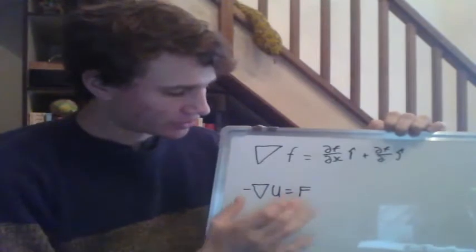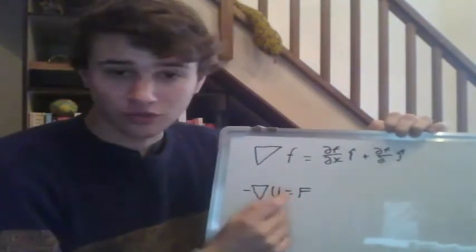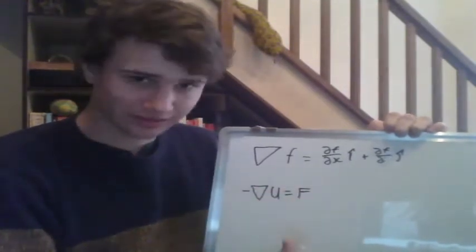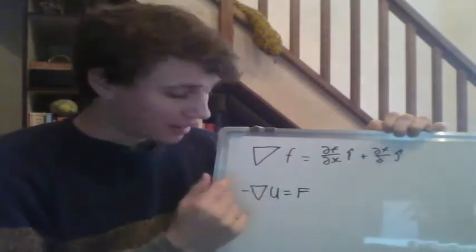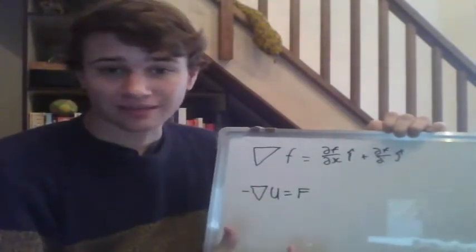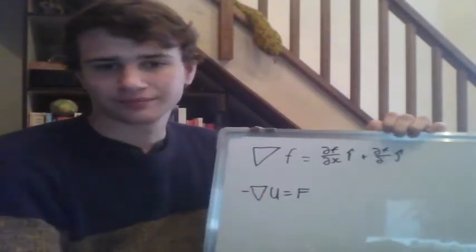But I'm also going to show you how you can go in the other direction, where you go from a certain force and use the work that you can calculate from this force, use a path integral, and then directly get your potential field back from that, since that's the direct inverse of the gradient.